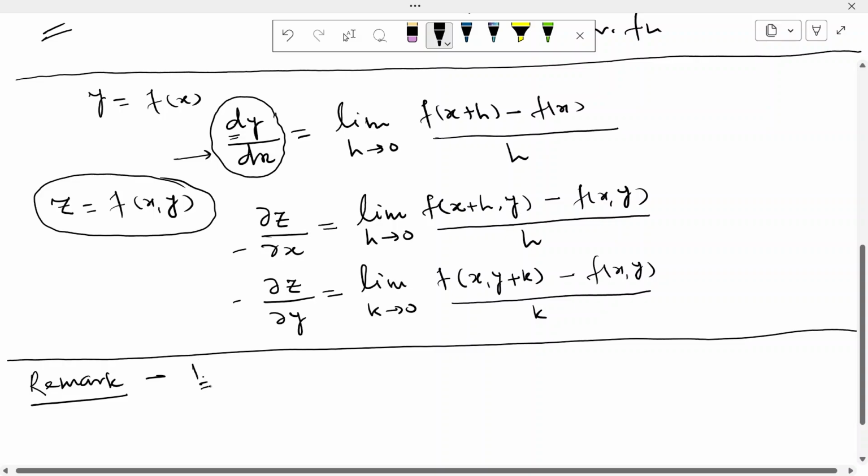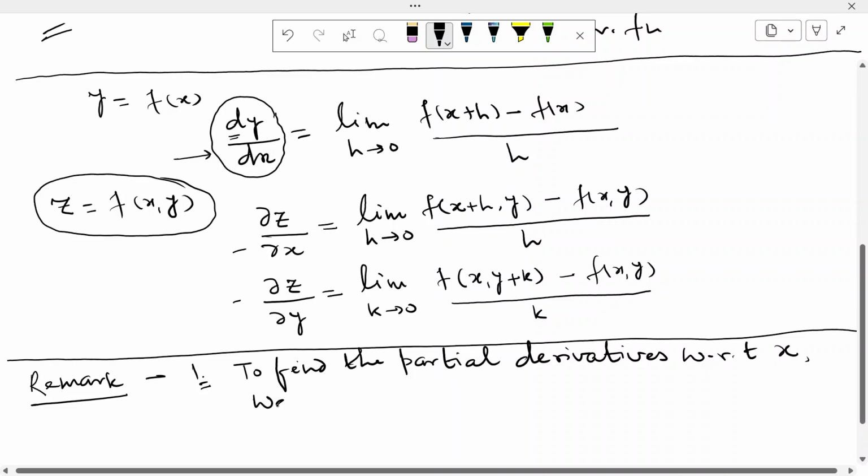So our first remark is: to find the partial derivative with respect to x, we consider y as constant.